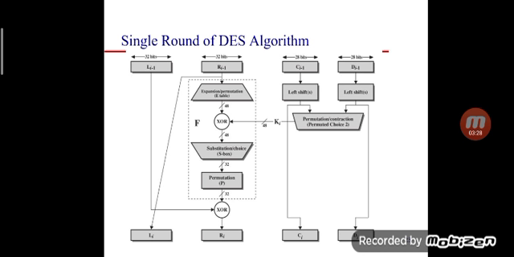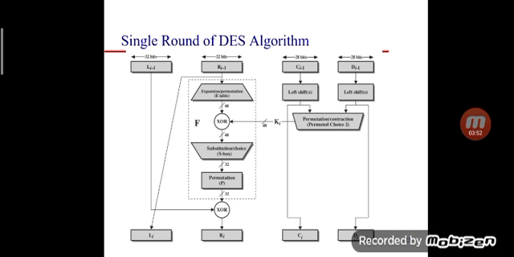So 8 times 4 is 32, and 8 times 6 is 48. We have an input of 48 bits and an output of 32 bits. Based on the S boxes we convert the 48-bit input into the 32-bit output.